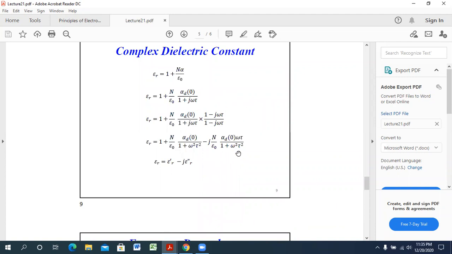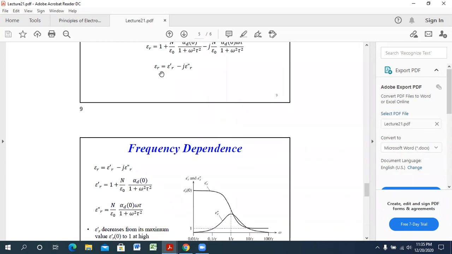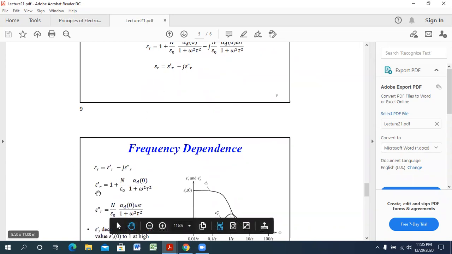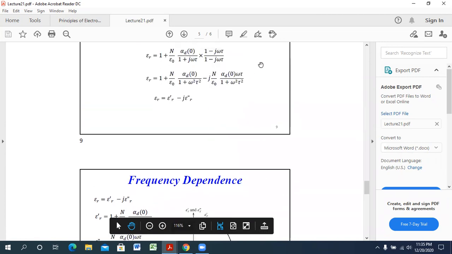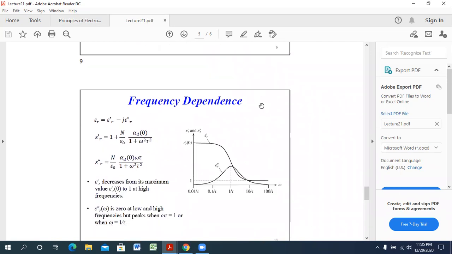If we separate these two parts, we will find epsilon r equals one real part and another imaginary part. So epsilon r prime should be equal to 1 plus this real part, and this imaginary part means epsilon r double prime. That one is the part related to this one. I think this should be clear.